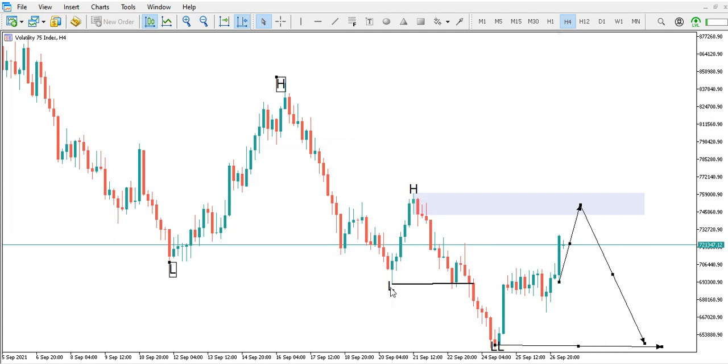No, I didn't want to use this one. I wanted to use this one here. Yeah, and then we have another low here.